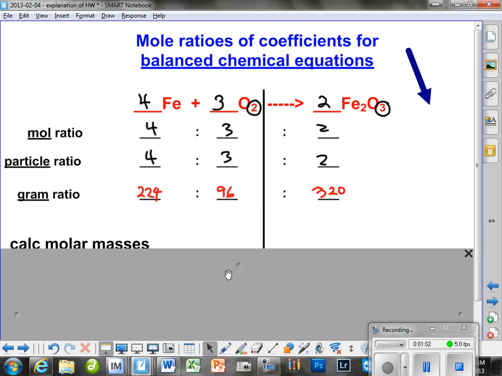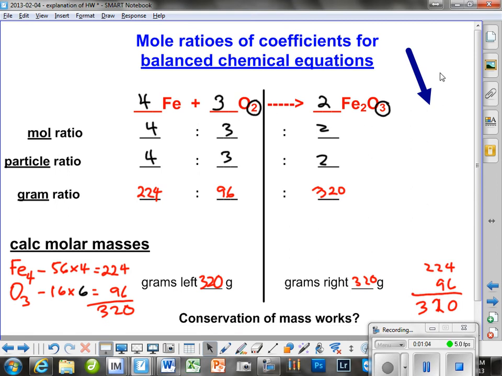Next, we were trying to show that the gram ratio requires you to calculate the molar masses and show those numbers as representing 4 irons. That's why you see the 4 down here when we're calculating the molar masses. And 3 O2s, which is a total of 6 oxygens.